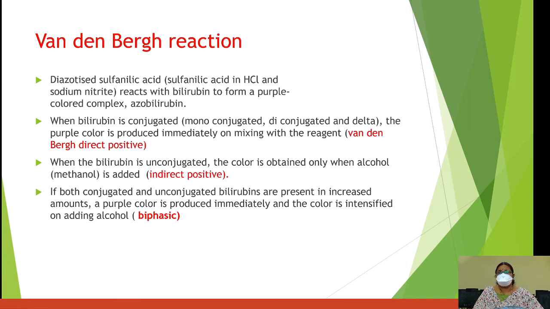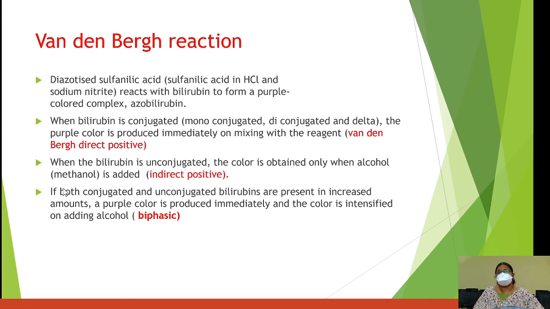Alcohol which we use is methanol. So the bilirubin has to be solubilized using methanol. Only after that it produces the color with diazotized sulfanilic acid. So that reaction is called indirect positive. So unconjugated bilirubin gives indirect positive reaction.